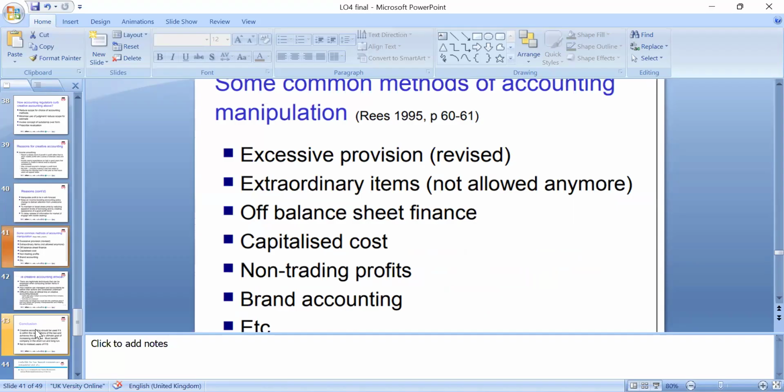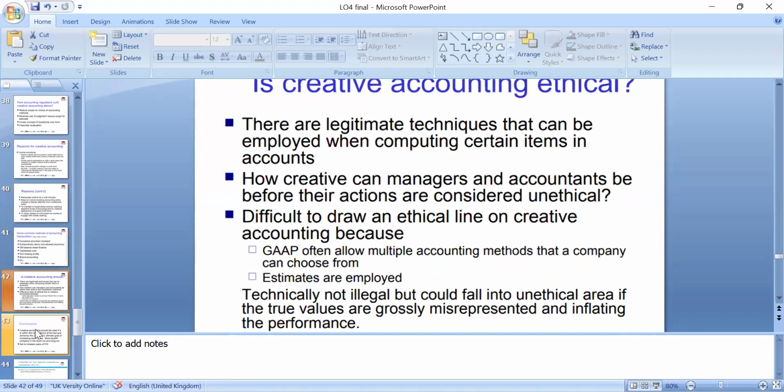Some of the common methods of accounting manipulation: excessive provisions, extraordinary items which are not allowed anymore, off balance sheet finance, capitalized costs, non-trading profit, brand accounting, and various others we can look at.